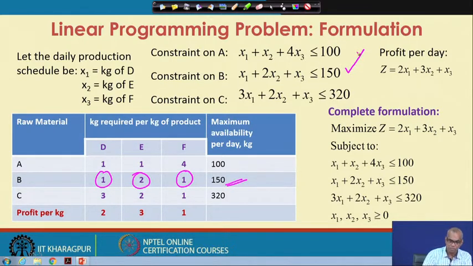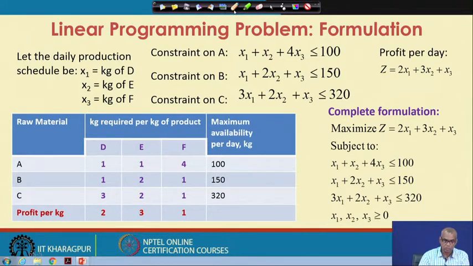Similarly, 3 x 1 plus 2 x 2 plus x 3 is less or equal to 320. So, these are the three constraints. So, now we have formulated the three constraints. Let us write down the objective function. The objective function is to maximize the profit.